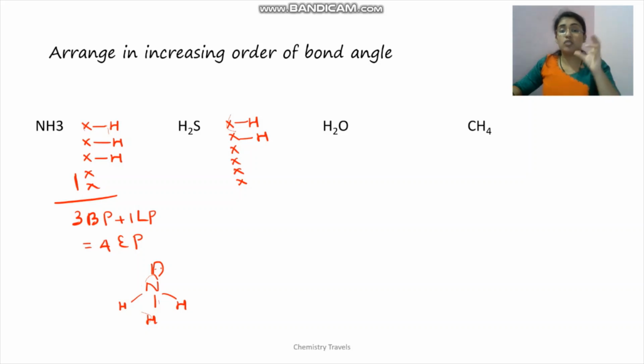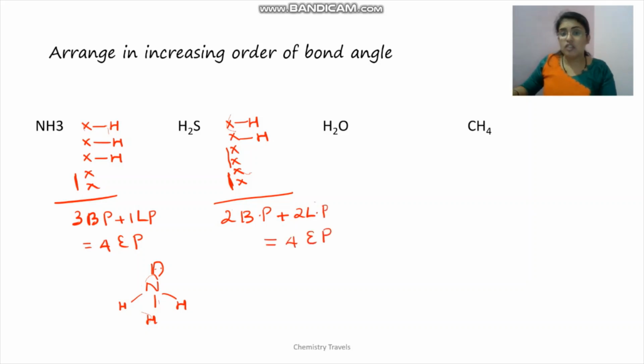So I will have 2 bond pairs plus 2 lone pairs, totally 4 electron pairs.